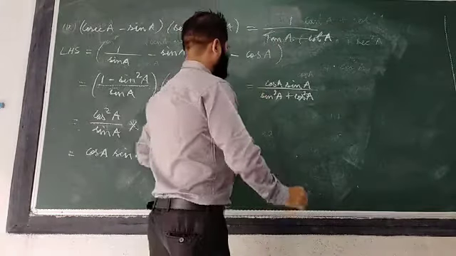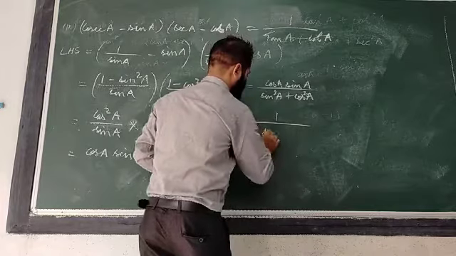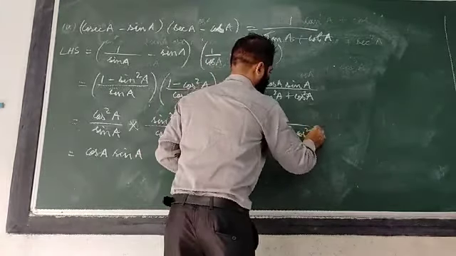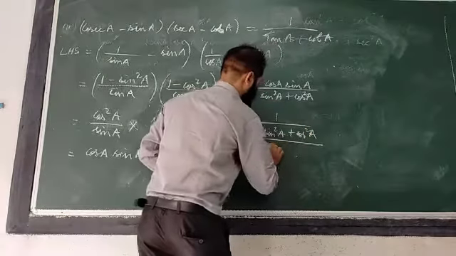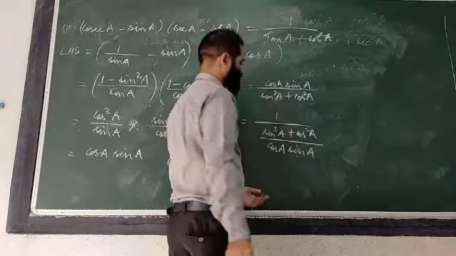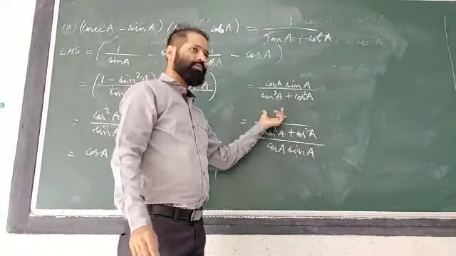Now this can be written as 1 by sin square A plus cos square A by cos A sin A. You know that if something is divided in the denominator, that is multiplied to the numerator.